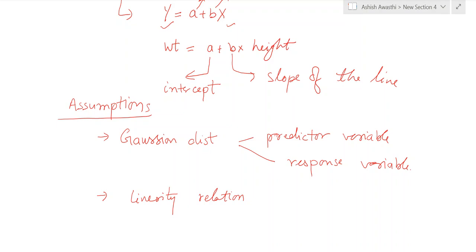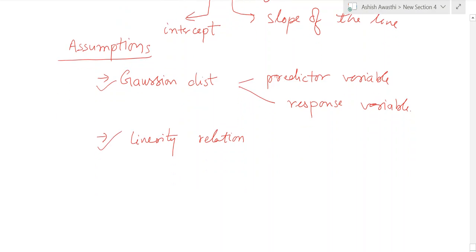So if all the assumptions are met for your data, your residual should follow a normal distribution with mean zero. It is also called a standard normal variate.